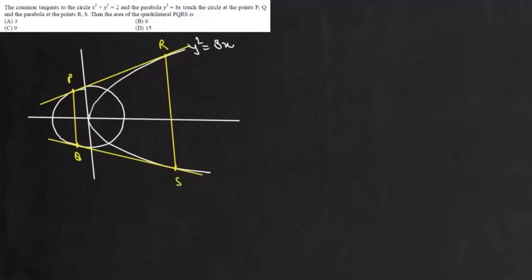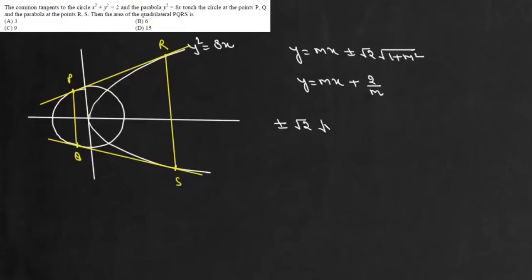Now we can write equation of tangent to this circle, and it is given by y equals mx plus minus r under root 1 plus m square, and for this parabola it is given by y equals mx plus a by m, and a in this case is 2, so it will be 2 by m. We are talking about common tangent, so it will have same slope and same equation. So from here we can write plus minus root 2 under root 1 plus m square will be equal to 2 by m.